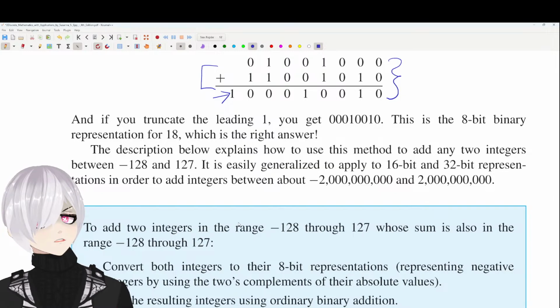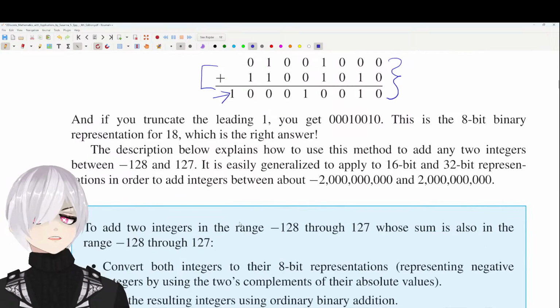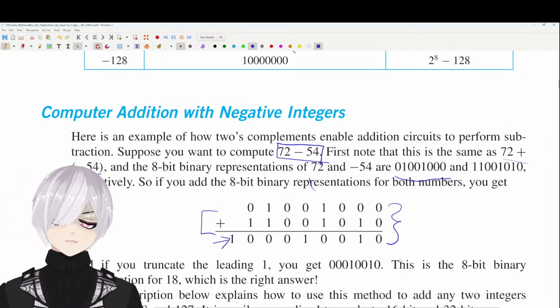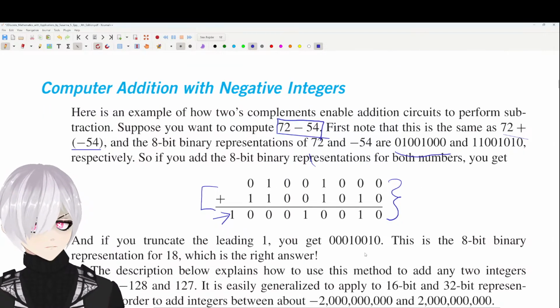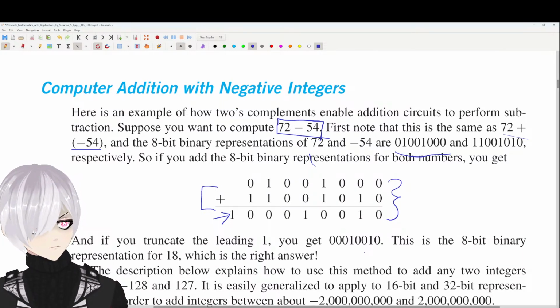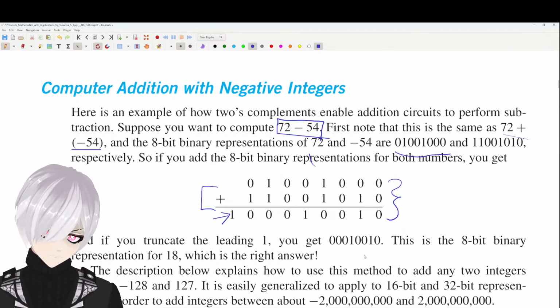So I guess sometimes you get an extra one and you just get rid of it. So what were they trying to do? They were trying to do 72 minus 54. Yeah, but they got an extra one there, which they just get rid of, and then they just look at the last 8 digits, and it works.